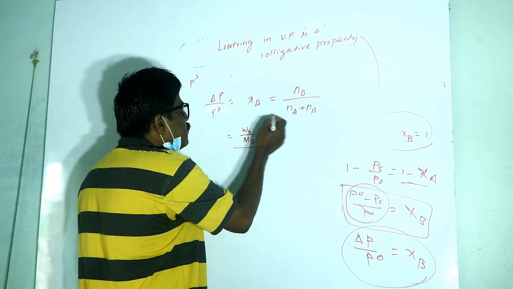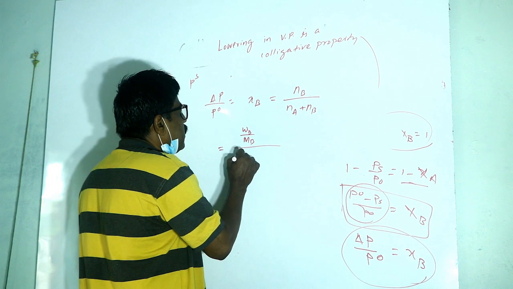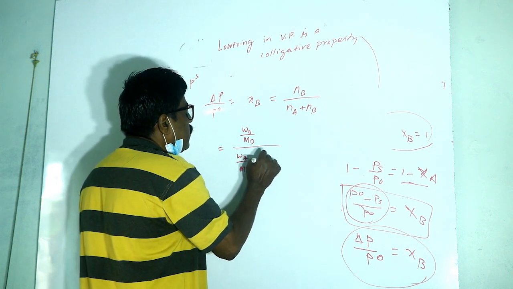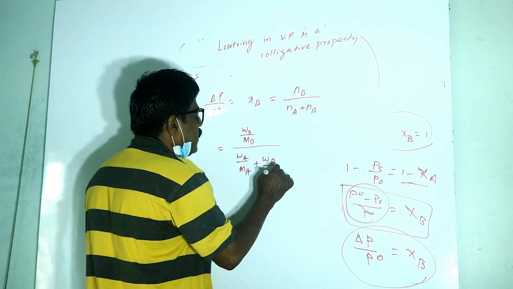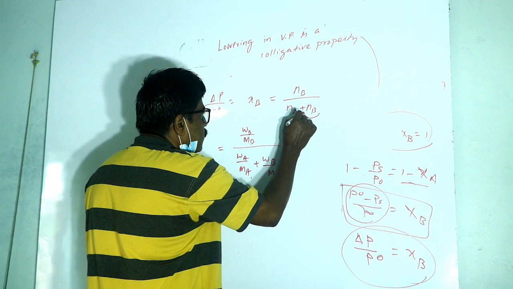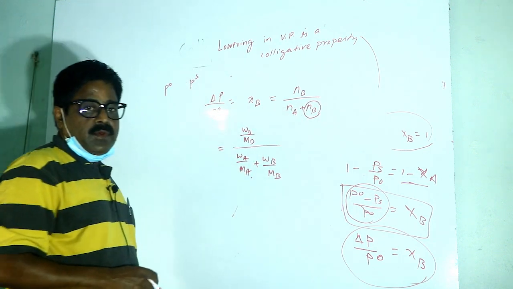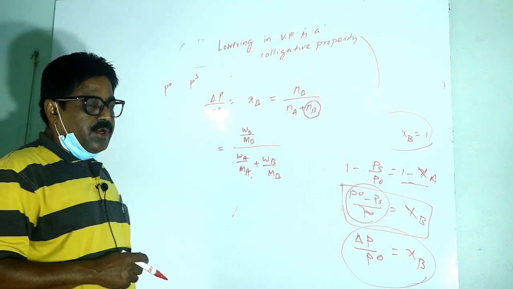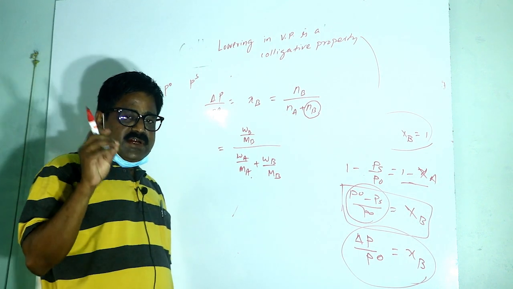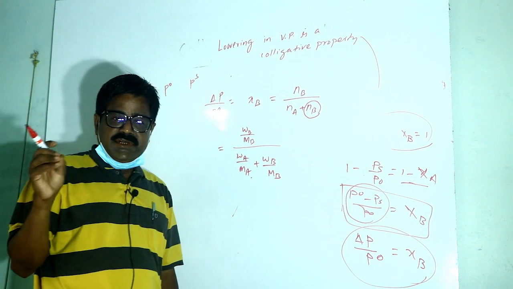molecular mass. So NB means weight of the substance present divided by molecular mass. Again, likewise you can write this as WA by MA plus WB by MB. In this case, the number of moles of solute for a very dilute solution is negligible, because we are considering a very dilute solution as an ideal solution.